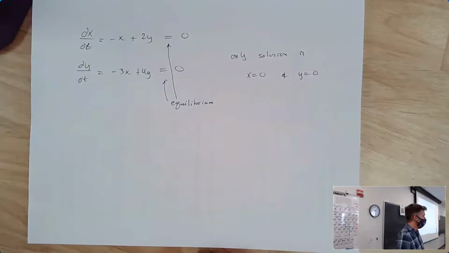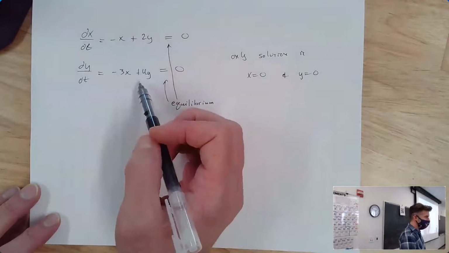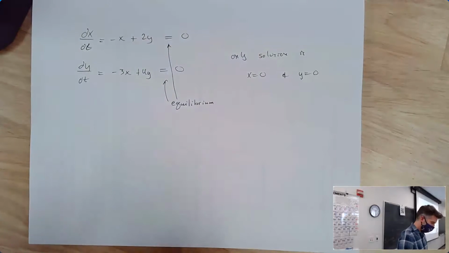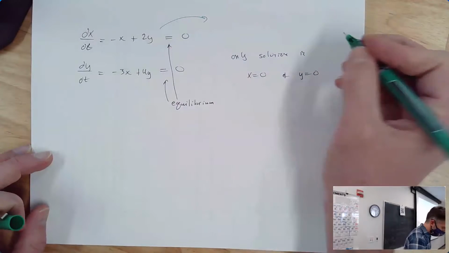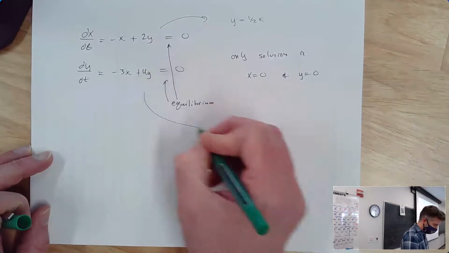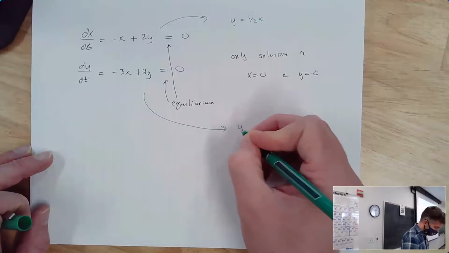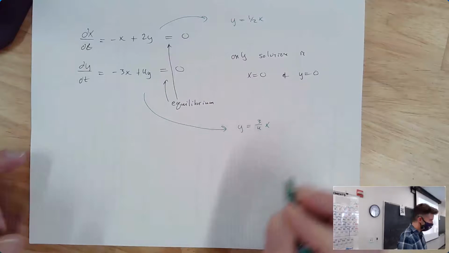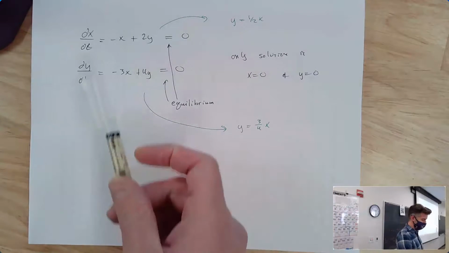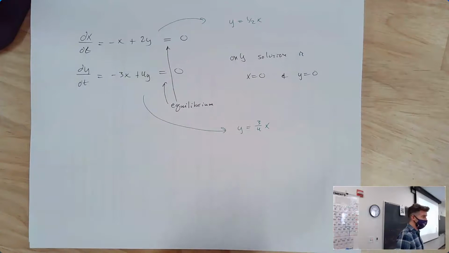One way to think about it is both of these are lines. Like I could solve this for y. This line here, if I solve for y, would be the line y equals 1/2 x. And this line here would be the line y equals 3/4 x. Those lines both go through the origin. Those lines definitely have different slopes. So the origin is the only place where they cross each other. So 0, 0 is the only place where you actually have a solution to both of these at the same time.